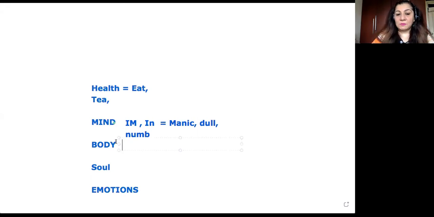Let's look at the word body. I love this word play. And the body says, I've just turned the words around. And that is equal to year of birth with date.